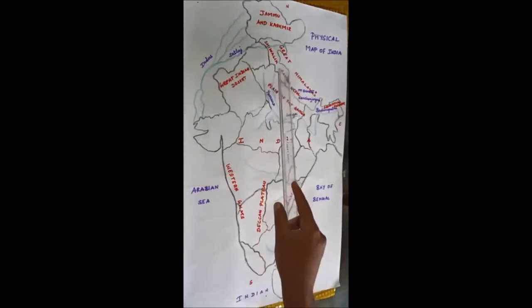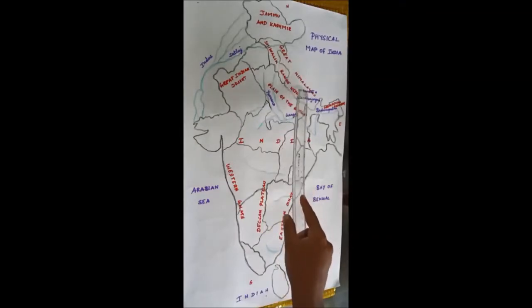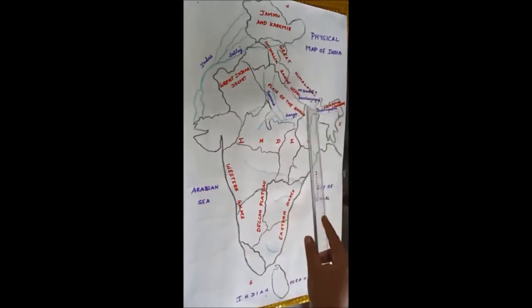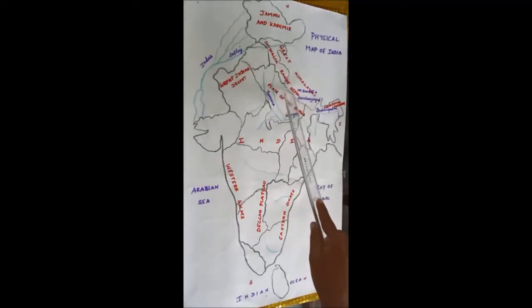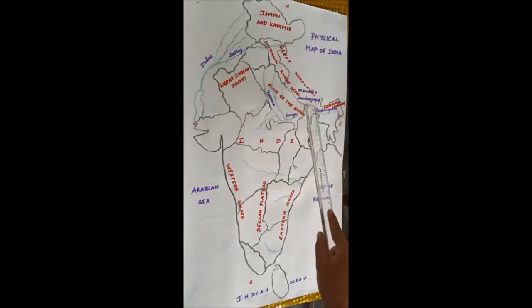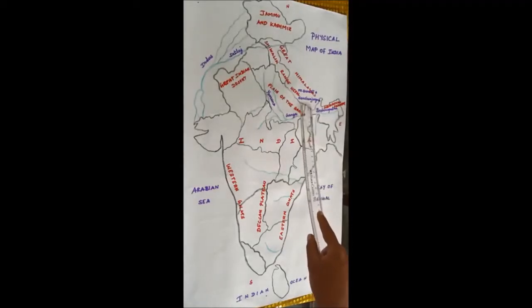Okay, what we saw about the Greater Himalayas, Himadri: there is the highest peak in the world, Mount Everest, which is located in Nepal. And the highest peak in India is Mount Kanchenjunga. This is about Himadri, and I also told you about the perennial rivers, isn't it?